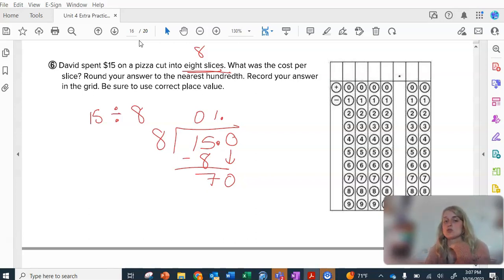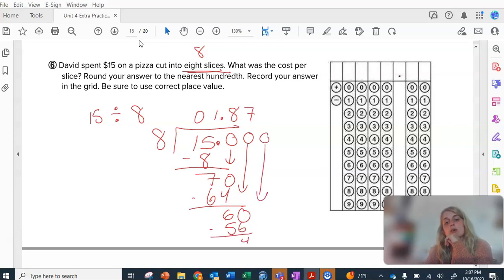That's 72, too big. 8 times 8, 64. 8 goes into 60, 7 times. It's 56. 8 goes into 40 5 times. And that leaves you with a remainder of 0.